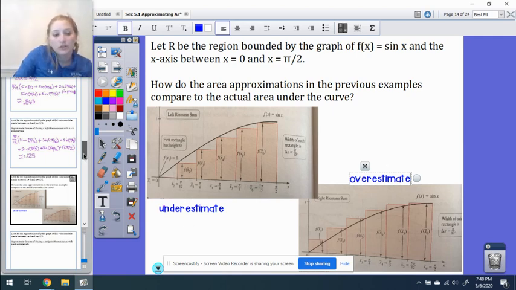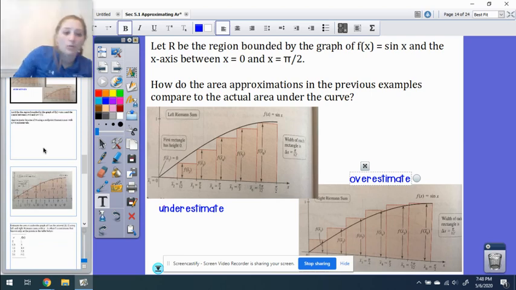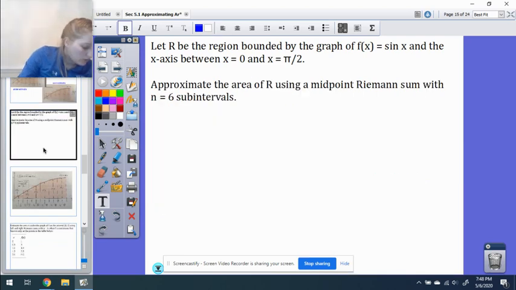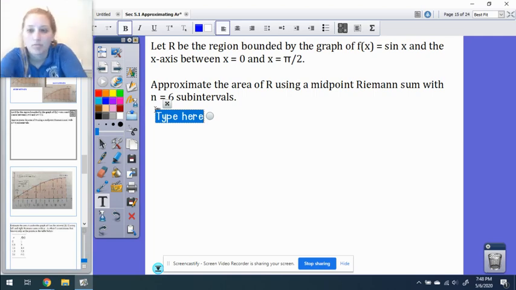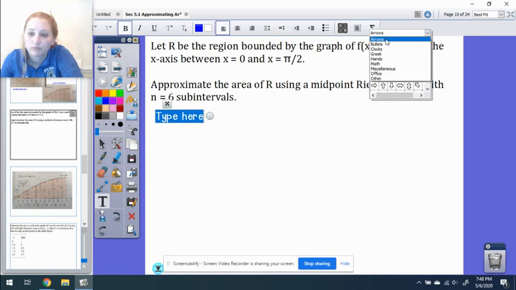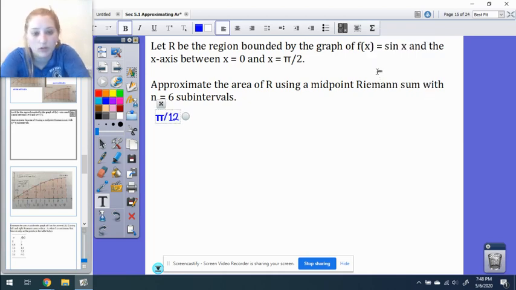All right, so now let's see what happens when I do the same thing with the midpoint. So I am still going to be using my pi over 12. Okay, so pi over 12, and we're going to multiply that by sine of pi over 24.